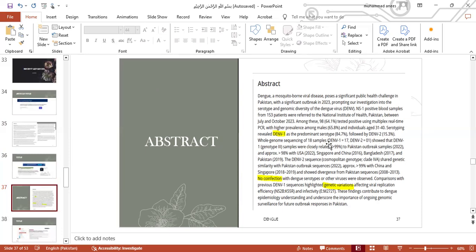Whole genome sequencing of 18 samples showed that dengue 1 samples were closely related to Pakistan outbreak samples of 2022 and approximately more than 98% with USA. Also, no co-infection with dengue serotypes has been seen. Comparisons with previous dengue 1 sequences highlight the genetic variations affecting viral replication efficiency.